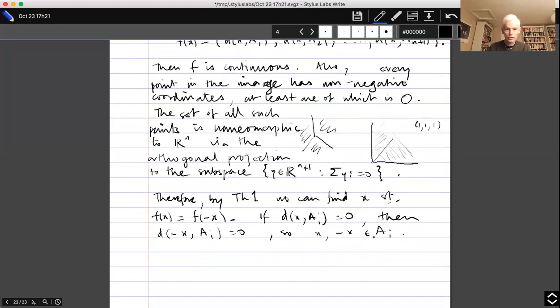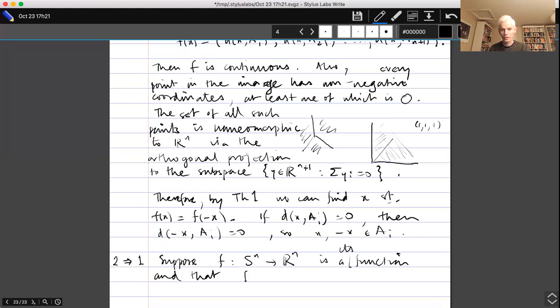Good, so let's now do 2 implies 1. So here, I'm going to assume that f maps Sn to Rn is a continuous function, and that f(x) does not equal f(-x) for every x.